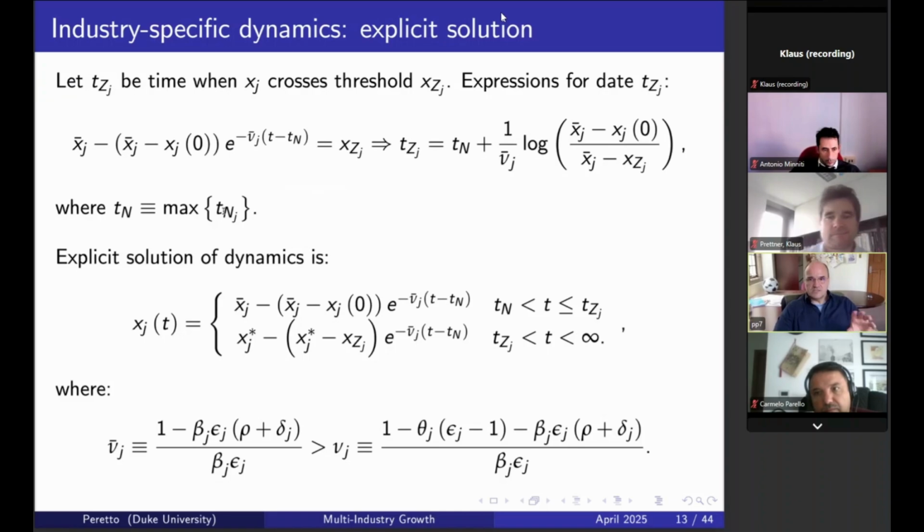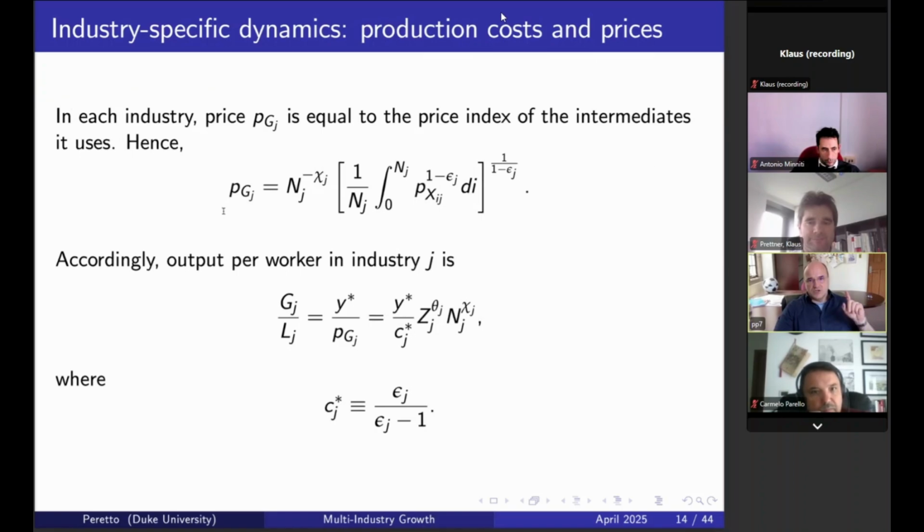Okay, so that's why I need a little bit more nuance and more attention to detail there. So in each industry there is a price index, which is the CES price index of the prices charged by the individual suppliers to that producer. So output per worker in industry J is just a variant of the baseline model.